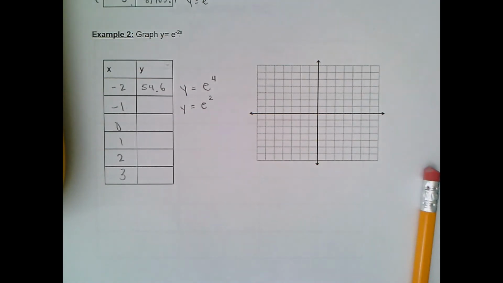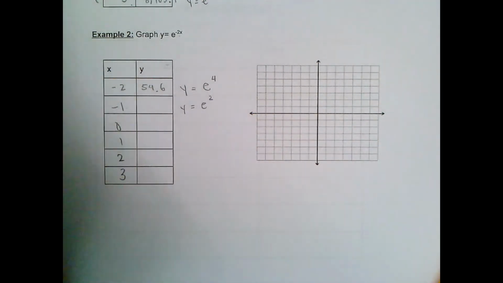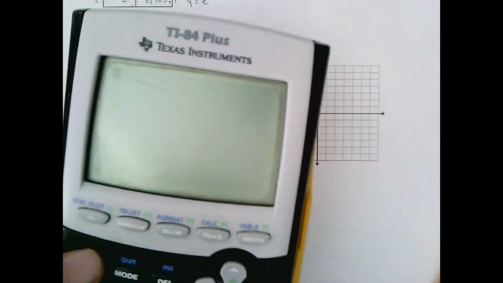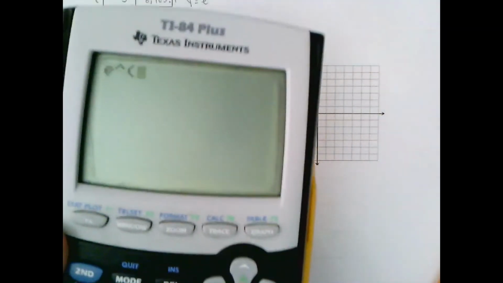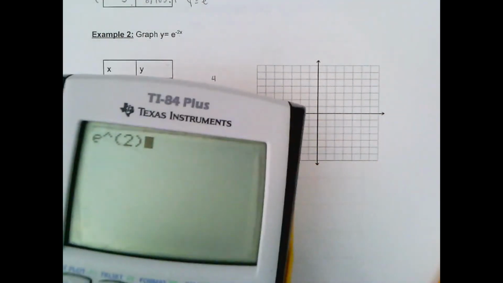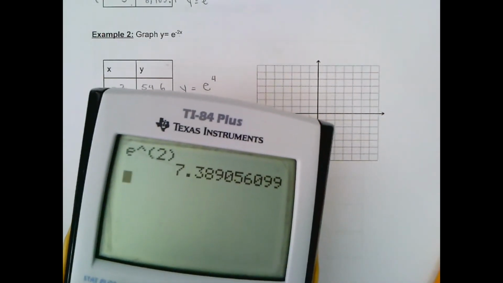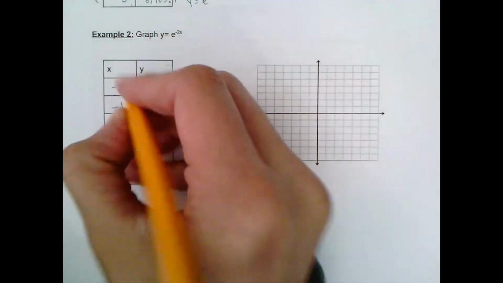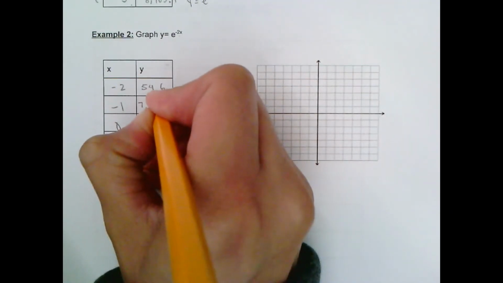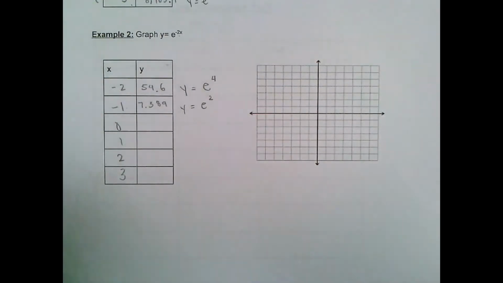Anyway, as I was saying, e to the second, you would use the calculator. E to the positive 2, and you click enter, you get 7.389. Cool. I think we've had that value before.